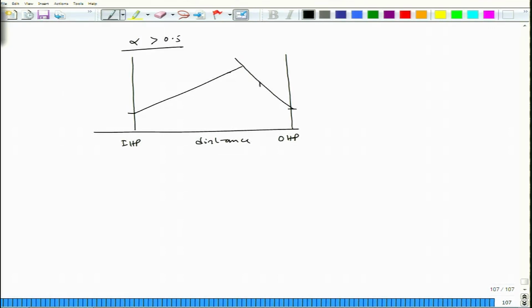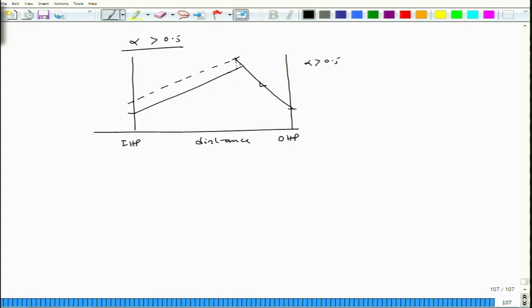The slope of this line would be steeper, since alpha is greater than 0.5, and then if we have a similar variation in anodic current density and cathodic current density, that means the activation energy for the anodic side would decrease.